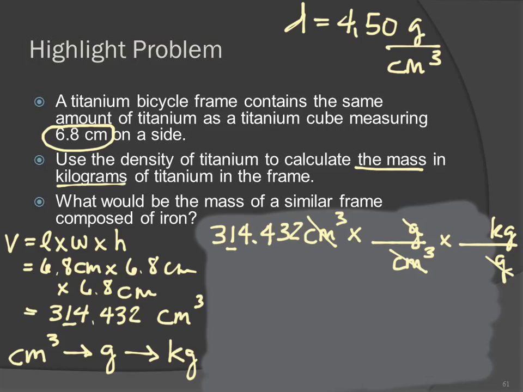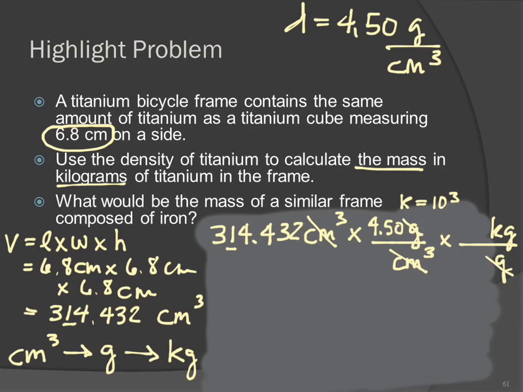Grams per cubic centimeter, well, that comes from the density. 4.5 is with grams, and so we're going to put 4.5 with grams on top. Kilograms to grams. What does kilo mean? 10 to the 3, right? Kilo equals 10 to the 3.